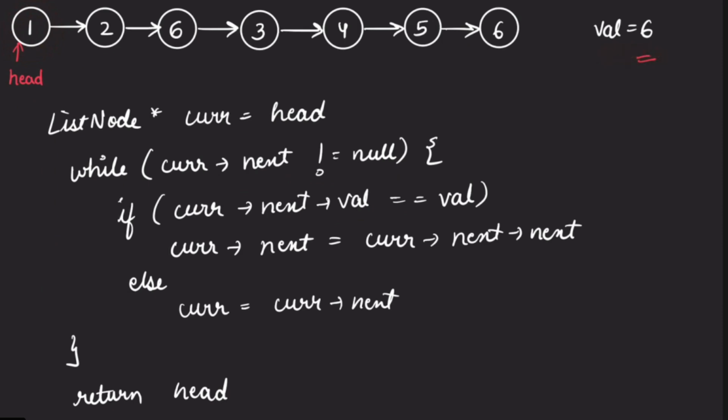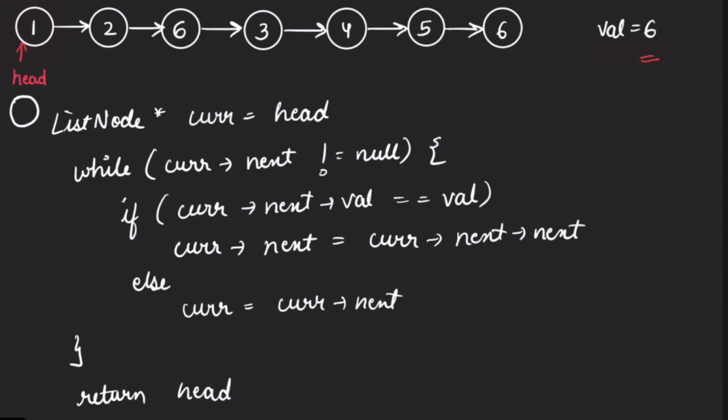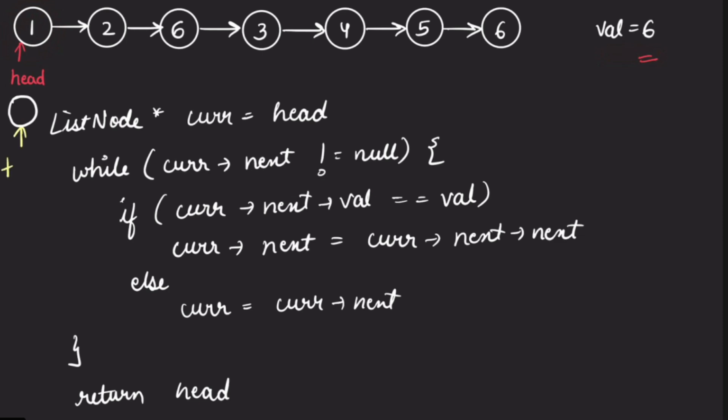So to handle this case, what we'll do is create a dummy node. Let's suppose I'll give it the name temp, and in this temp's next we will add this head. Then this cur, instead of starting from head, we will start from temp.